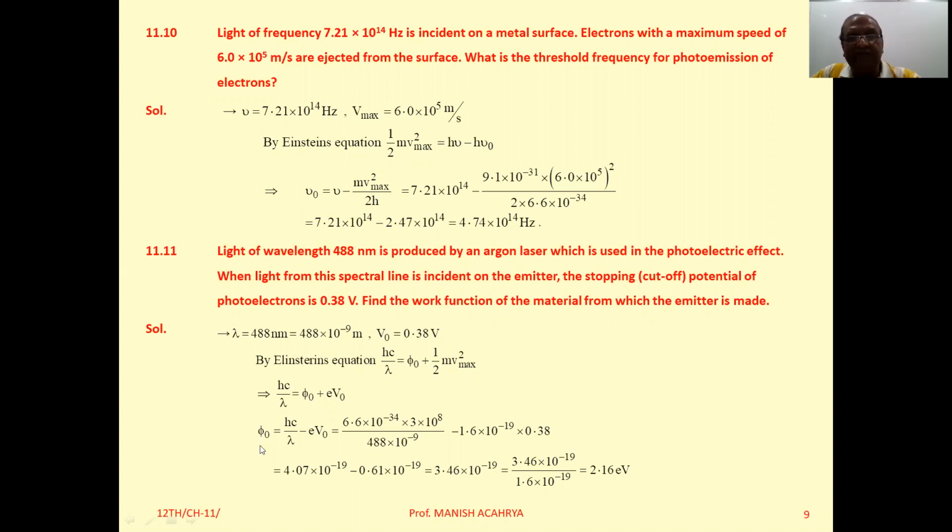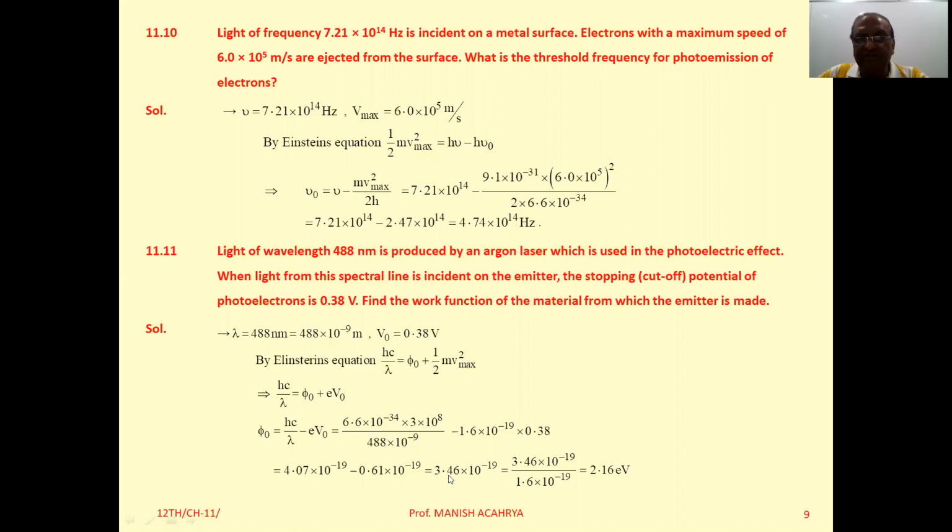So finally we can write φ0 is hc upon lambda minus eV0. Substitute the values of h, then c upon lambda, that is 488 × 10^-9, minus e, 1.6 × 10^-19, into the stopping potential given to you, 0.38.